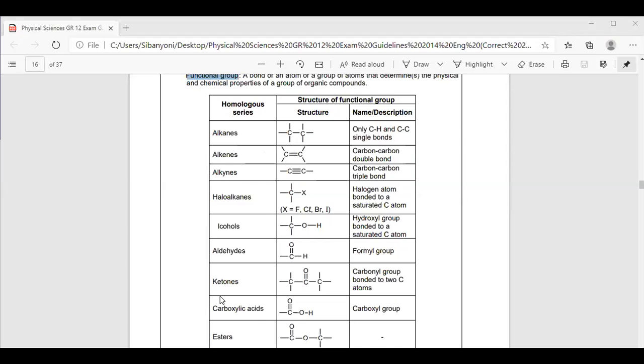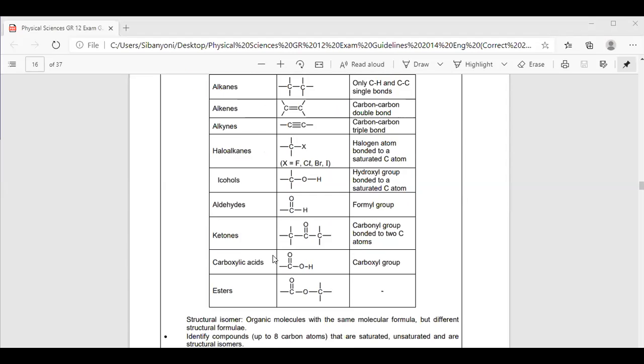When you see a molecule, for example, that looks like this with a C double bond O as well as an OH, which is placed on the first carbon at all times, then you know that this molecule belongs to the homologous series carboxylic acids.